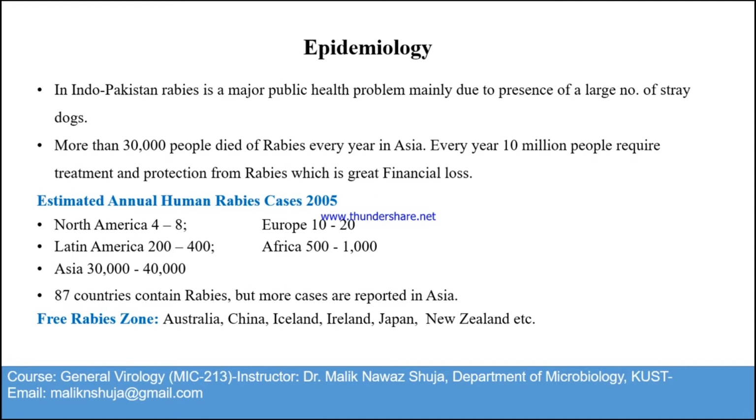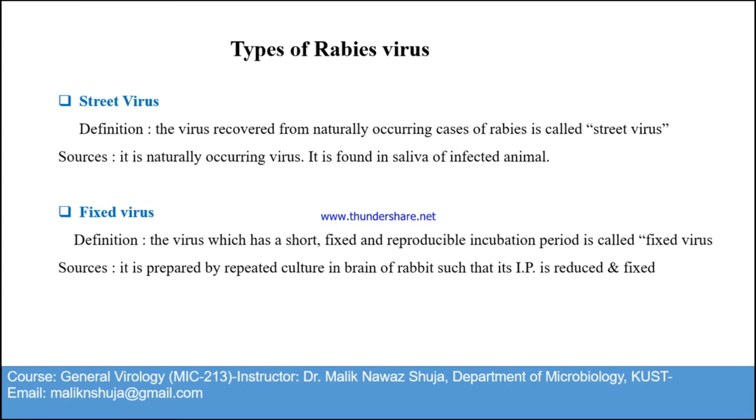But there are certain zones of the world where there is zero report, or the rabies-free zone may be considered, such as Australia, China, Iceland, Ireland, Japan, and New Zealand. So these regions have been reported to be clear of the rabies virus.